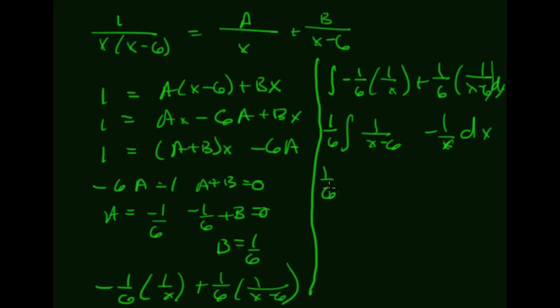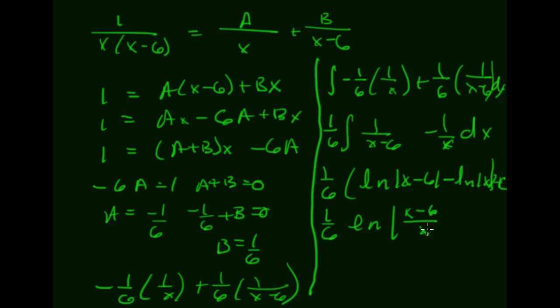This becomes 1/6 times the natural log of the absolute value of x minus 6 minus the natural log of x plus a constant, which is 1/6 times the natural log of x minus 6 over x plus a constant. And that's about as far as I would go. I don't think you need to simplify much further than that.